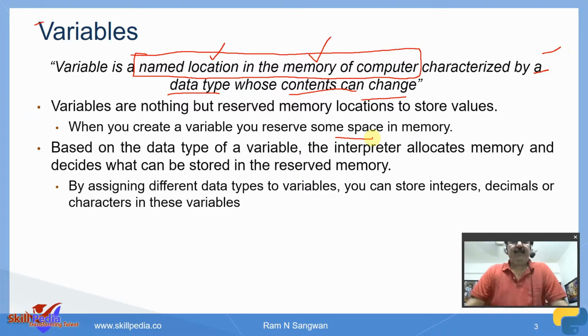By assigning different data types to variables, you can store integers, decimals, characters in these variables. So therefore, when you create a variable, what kind of value is stored or what kind of data type it is, they are all related terms. The data types and the value stored in the variable or the type of the variable.